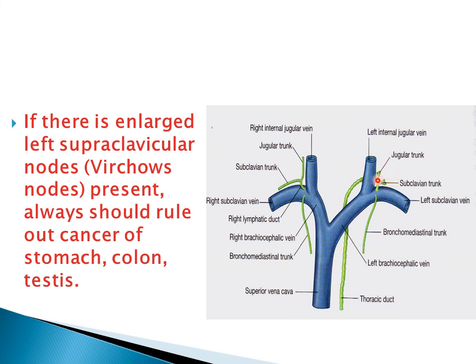So the upper deep cervical, lower deep cervical lymph nodes including the left supraclavicular nodes will be involved most commonly if there is a metastasis or spread of cancer from the stomach or the colon. So whenever you see Virchow's node enlarged, you have to investigate the patient fully to rule out cancer of the stomach or any other GI tumors.